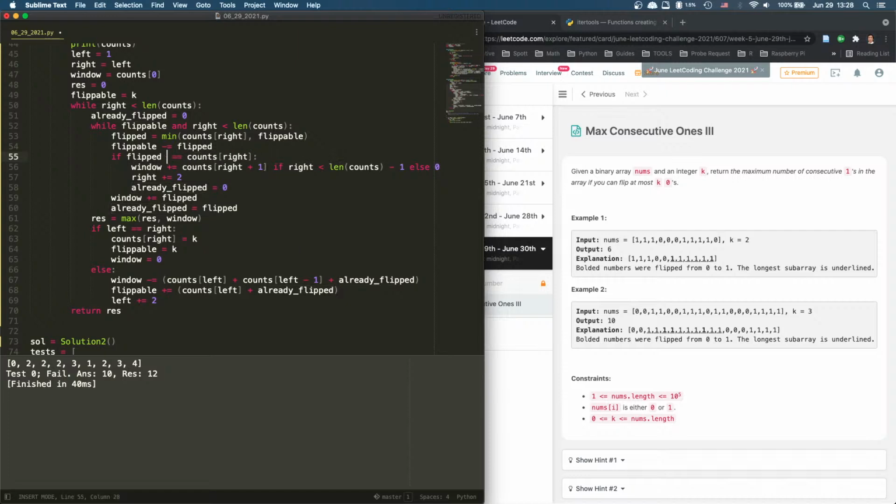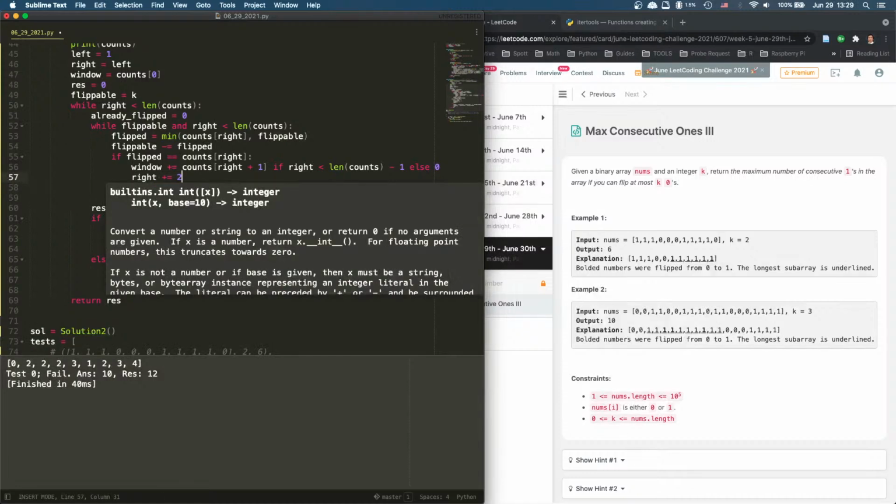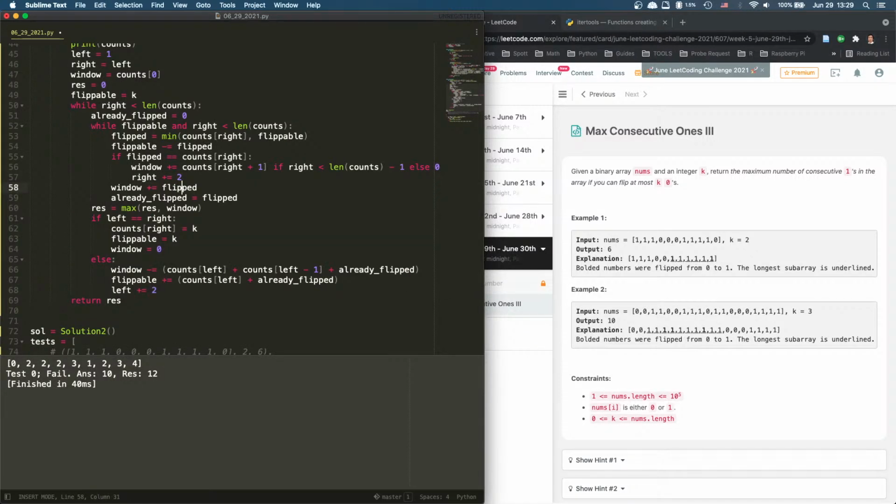Now I don't think we need this, because there's no already flipped here. We just need after every single time, already flipped is the current already flipped equals flipped. Go back up, flip equals again, and already flipped. So that already flipped represents the ones already flipped, right?